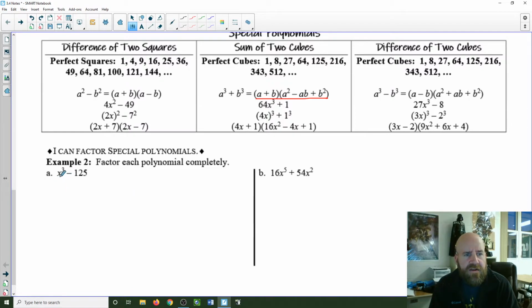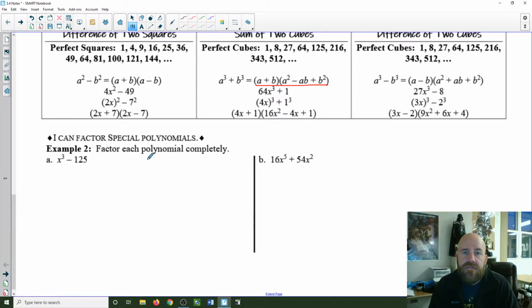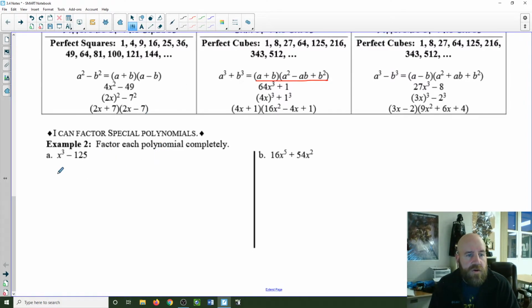So example 2, we have x cubed minus 125. We can recognize that x cubed is a perfect cube and 125 is a perfect cube. So we know that our a value is x and our b value is 5, since 5 cubed is 125. We go ahead and plug them into the formula.